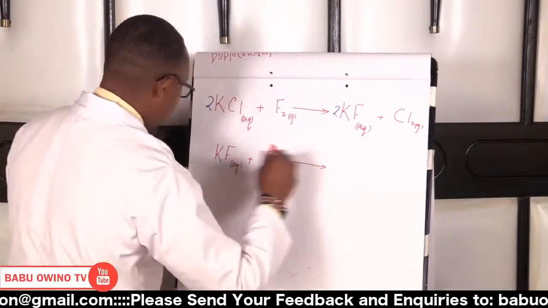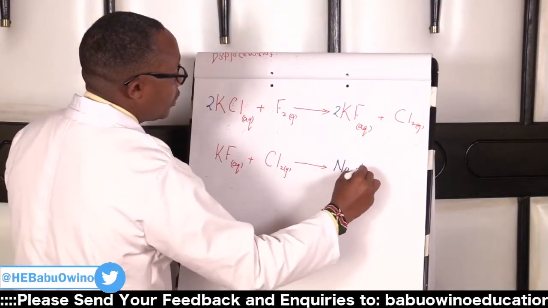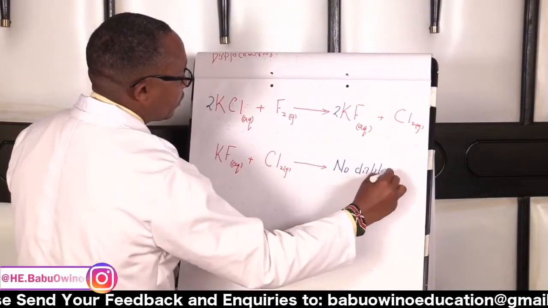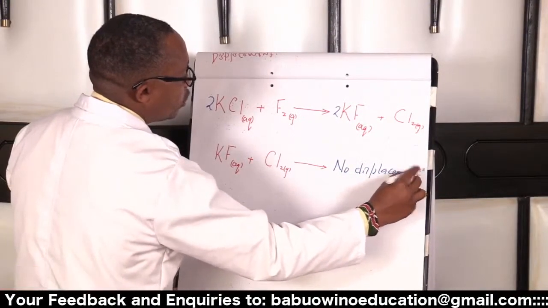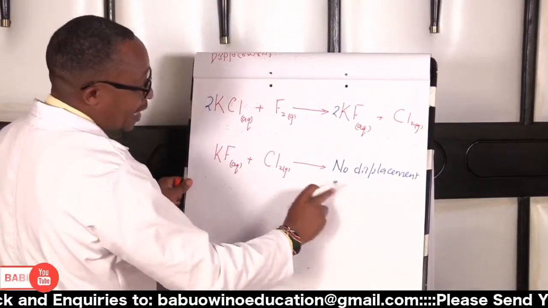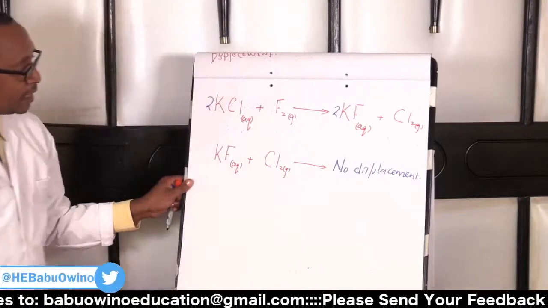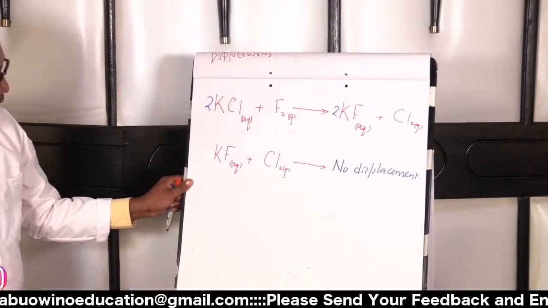So what do you write? You write here to the examiner: no displacement. You don't write no reaction, you don't write no change, you don't write nothing happens. You simply say there is no displacement in that case.